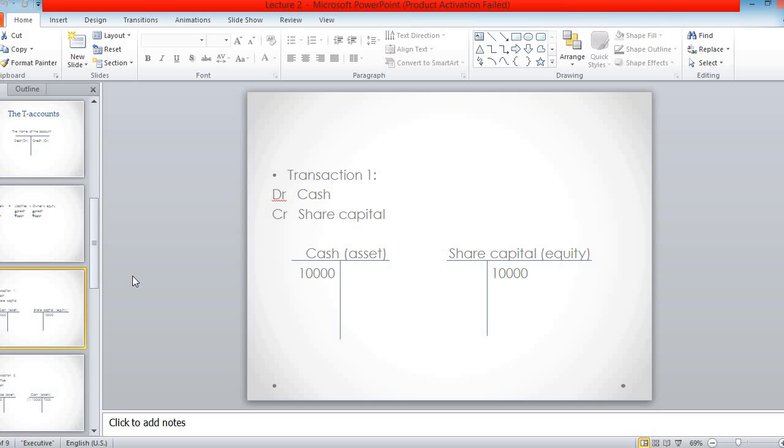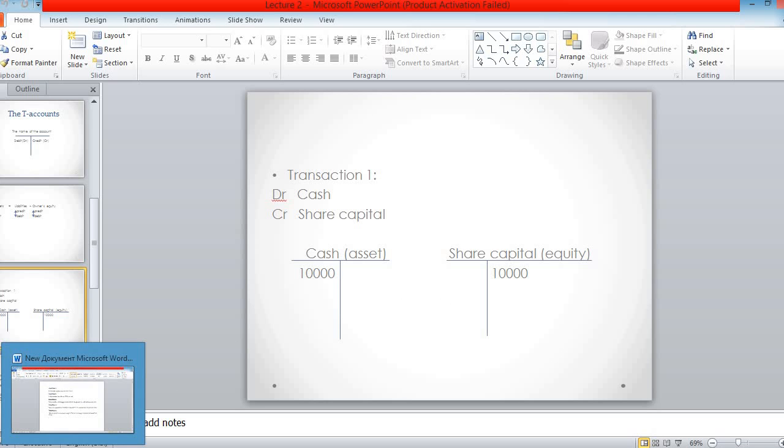So we'll debit our cash, which is an asset, and we'll credit our share capital, which is equity, by $1,000. It is the transaction 1 and T accounts showing the transaction 1. This is the very simplest one.